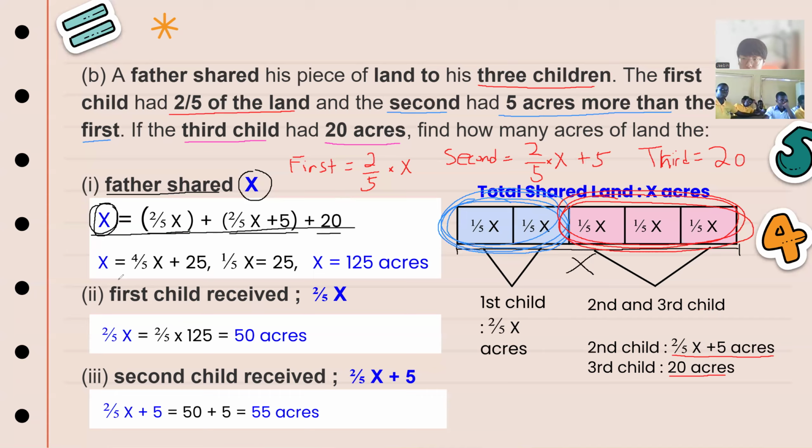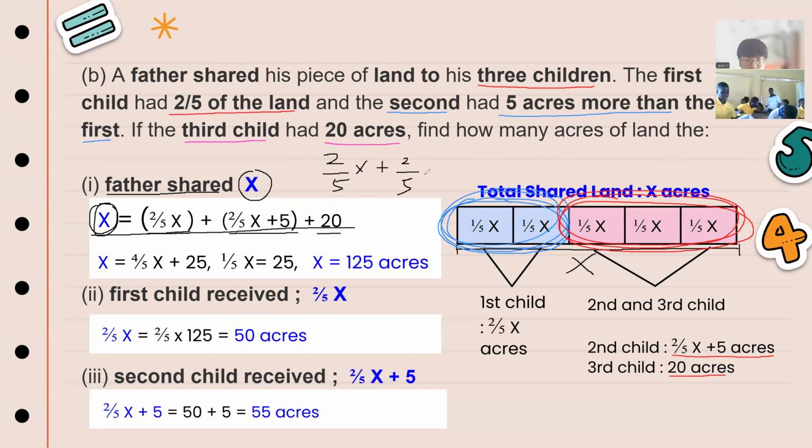And if we solve this equation, let me clear. What is 2 over 5x plus 2 over 5x? That is just equal to 4 over 5x, right?